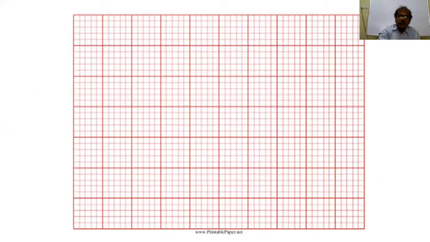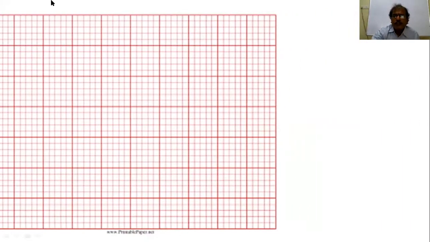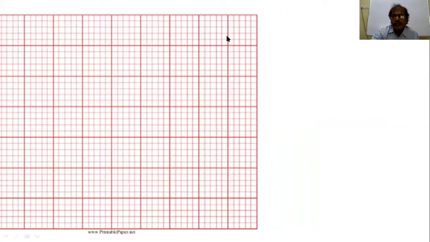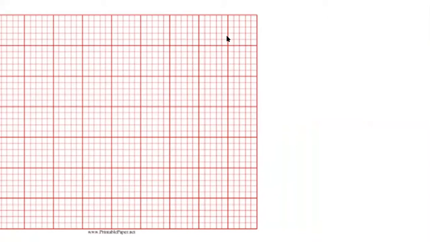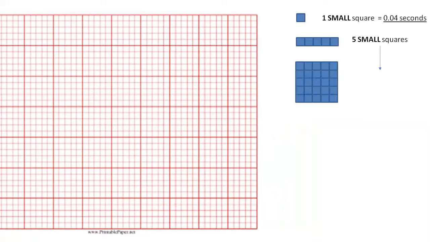That means the ECG is set at 25 millimeter per second. Now you see here, one small square is equal to how much? This is 0.04 seconds. If we take 5 small squares, these constitute one large square.